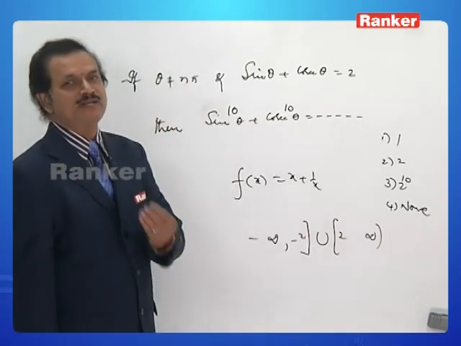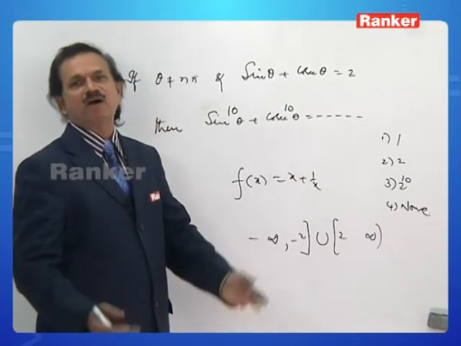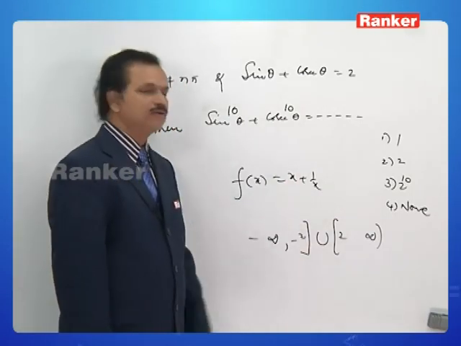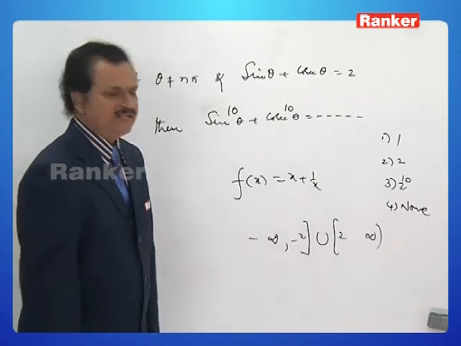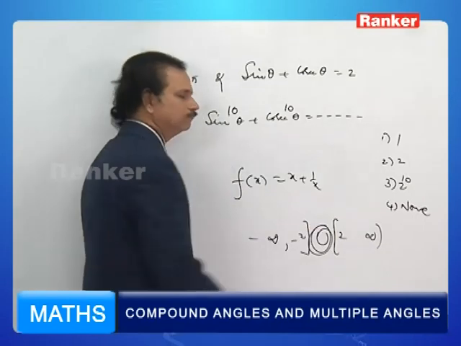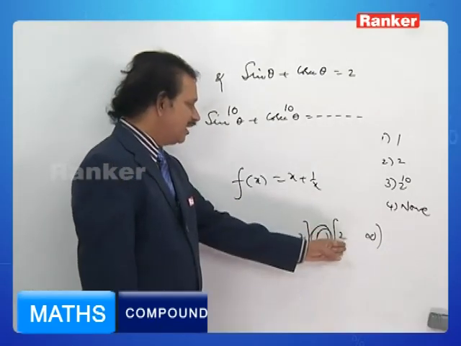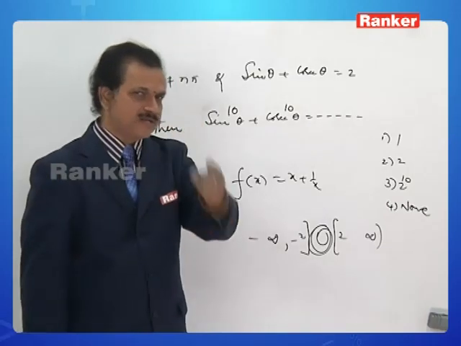If x happens to be negative, it has the maximum value minus 2. If x is positive, then it has the minimum value 2. So in any case, it can never lie between minus 2 and 2. And moreover, it attains the minimum value 2 only at x equal to 1.